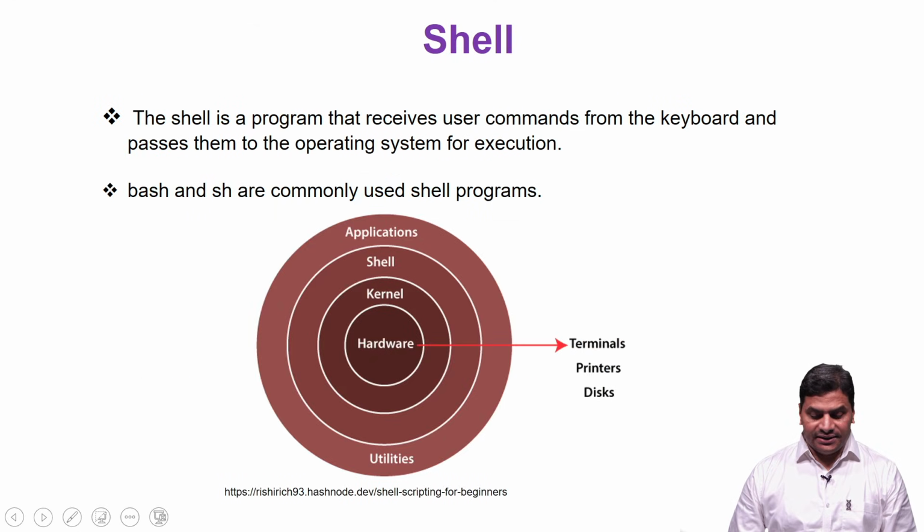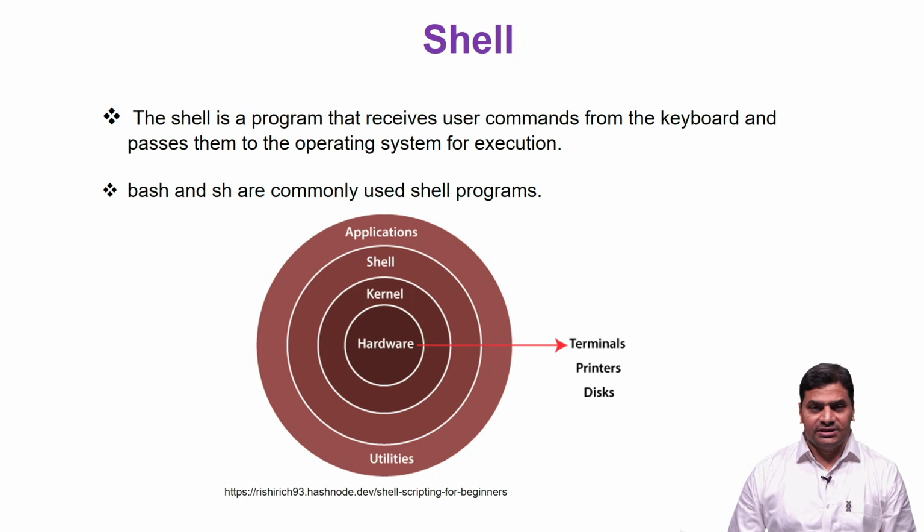Whatever Linux operating system you use, it comes with a shell program, and the shell is a program that receives user commands from the keyboard and passes them to the operating system for execution. There are mainly two types of shell programs in Linux distributions.